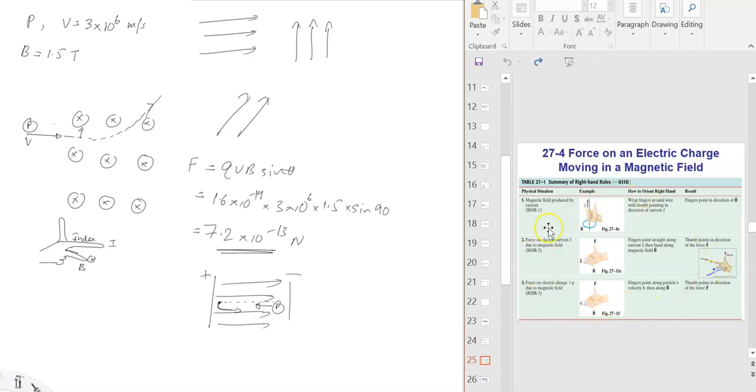A summary of all this. The first right hand rule is used to figure out the direction of the magnetic field around a conductor. The second right hand rule, we use this format here. The second right hand rule is for when you place a current carrying conductor in an external magnetic field, what happens?